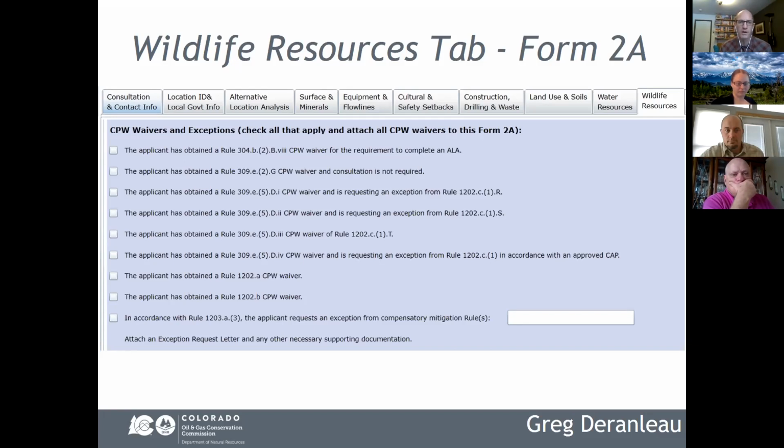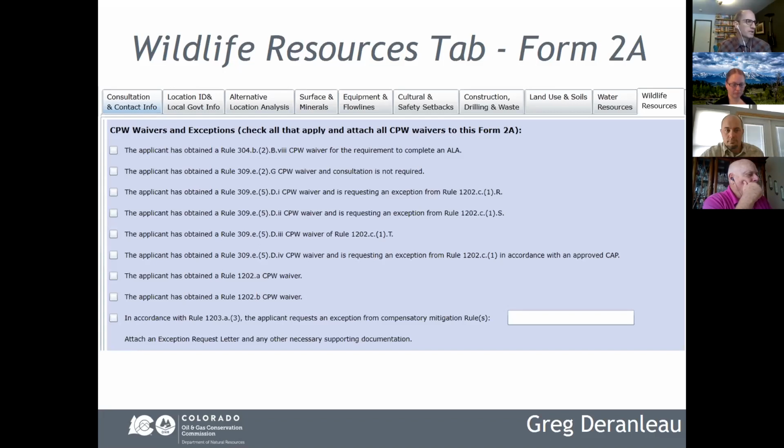CPW may waive requirements from consultation or specific operating or siting requirements. If any waivers have been obtained, they must be attached to the Form 2A. So again, a completeness check. If we saw one of these boxes checked, we would look for that waiver to be attached. So if the waivers are still in process, it wouldn't be appropriate to check the box. We would work through that in consultation.